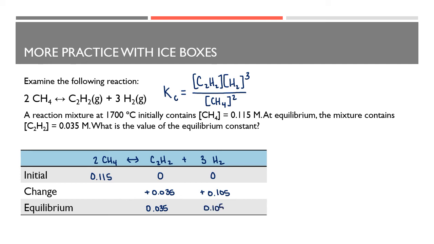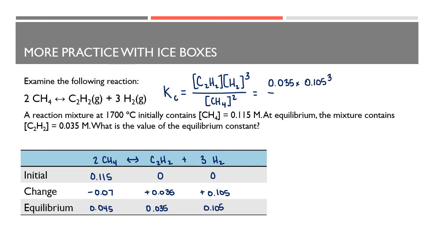So that's 0.105 because the coefficient on the hydrogen is 3. What that also means is that I will lose twice as much CH4. So 0.035 times 2 is 0.07. So I'm going to subtract that from my initial concentration of the CH4, and I get 0.045. So these are all of my equilibrium concentrations.